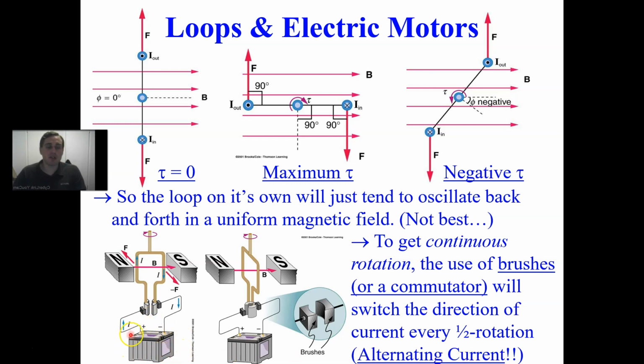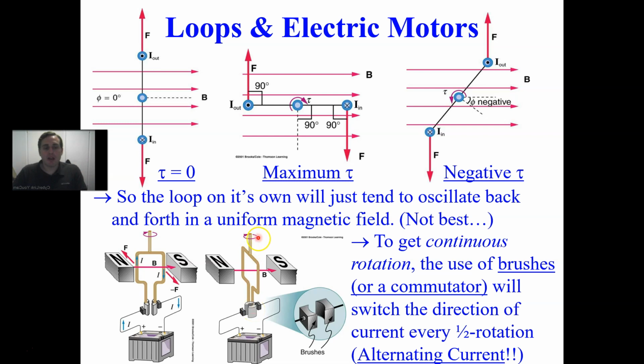Now the source here is a battery, which is a DC source. But look at these brushes right here. Look at this commutator. Notice that every half turn we switch the direction of the electric current. Okay, so they are the brushes right there. These brushes are in contact with this commutator every half turn.